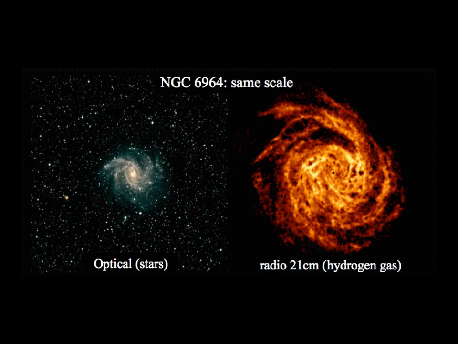As you can see in this example of NGC 6964, if I take this image on the same scale for the optical light coming from this galaxy and the radio 21 centimeter, the radio disk is at least 3 times larger than the optical disk.